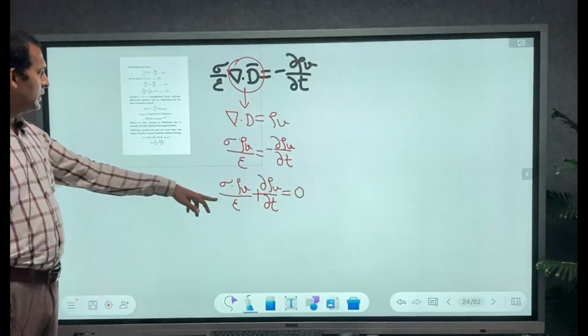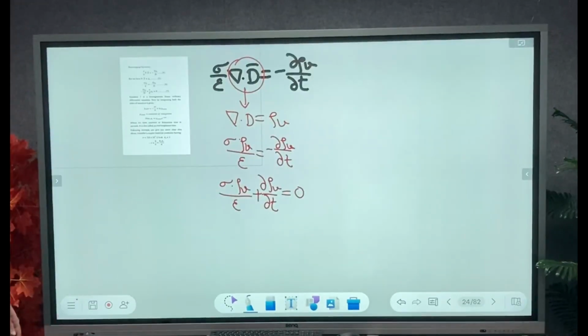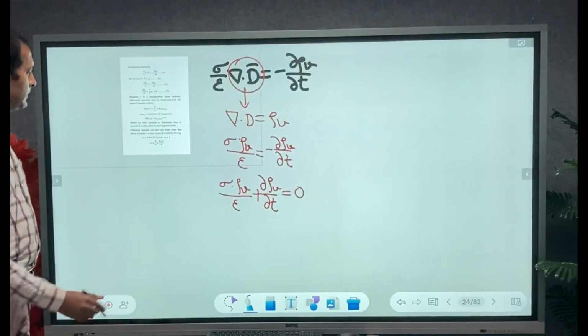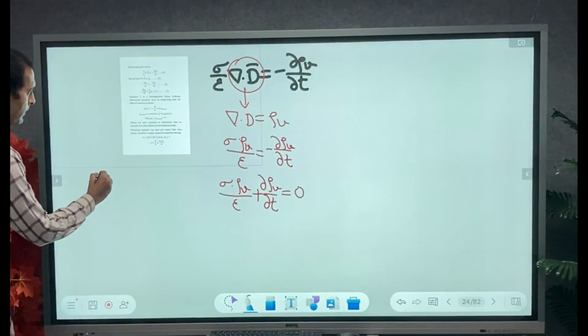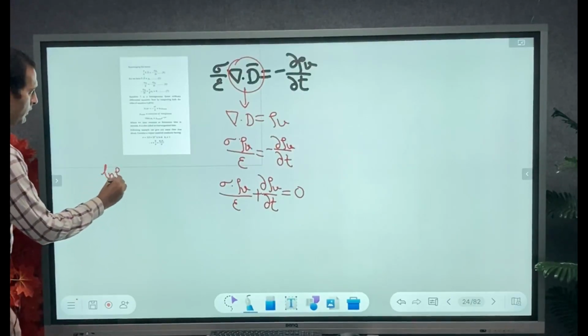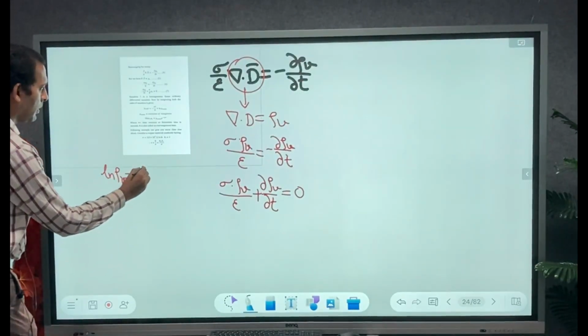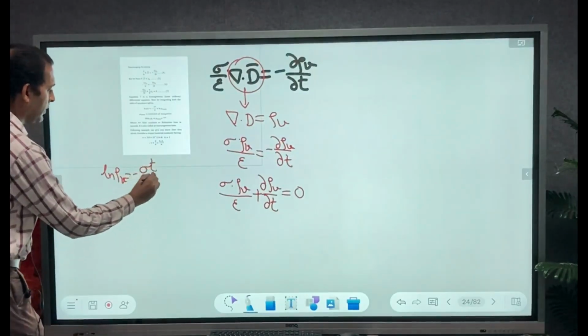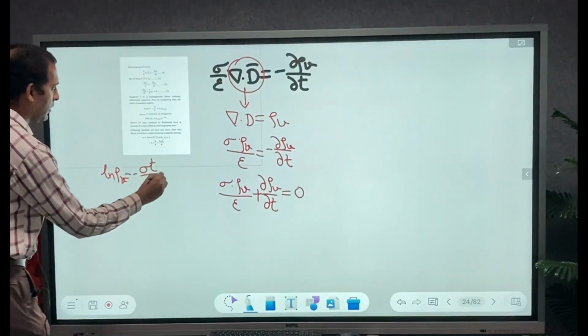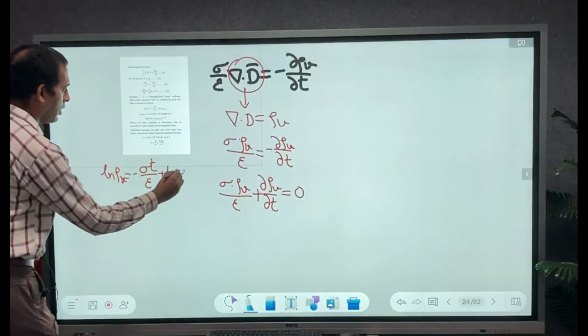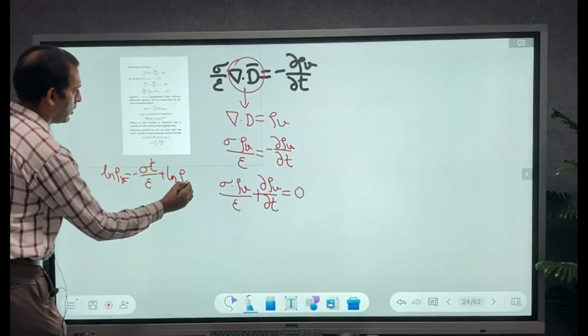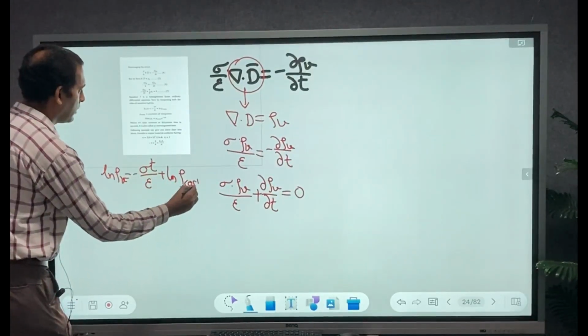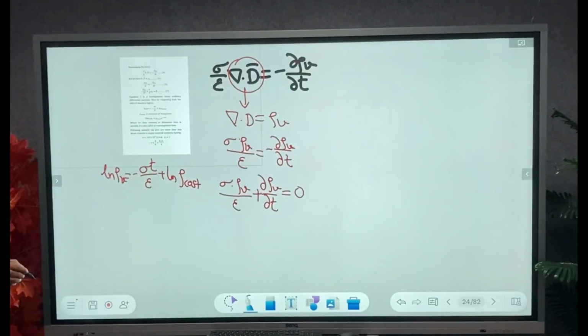Now this equation is called a homogeneous linear ordinary differential equation. If we integrate both sides, we get log of rho V is equal to minus sigma t by epsilon plus log of rho V naught, which is the constant of integration.